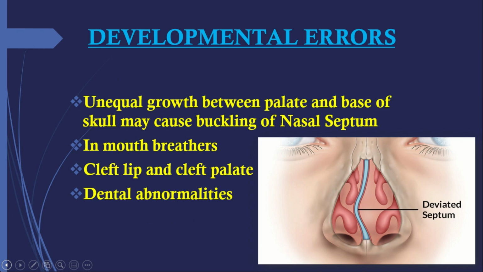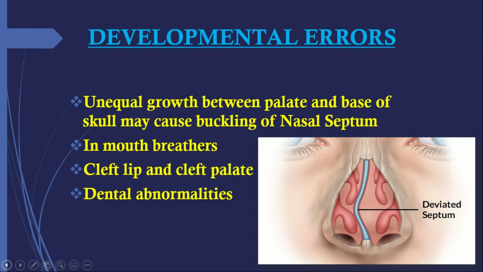Developmental errors like unequal growth between the palate and base of skull may cause buckling of the nasal septum. In mouth breathers, one may also face developmental errors, and that can result in a kind of DNS.